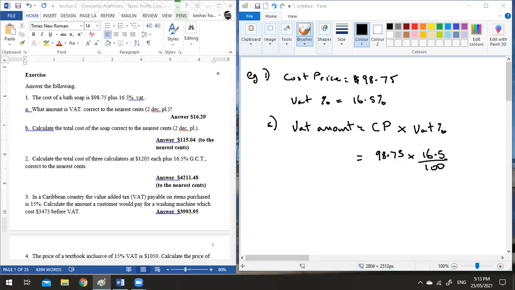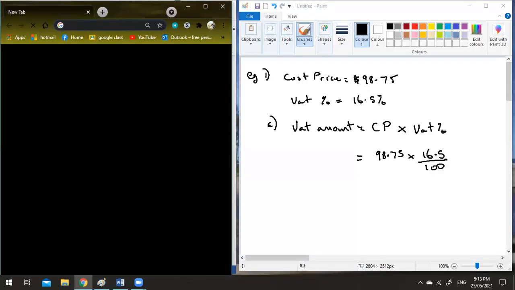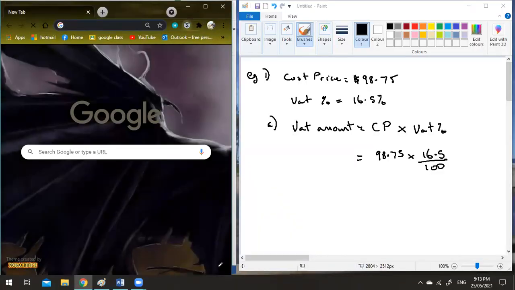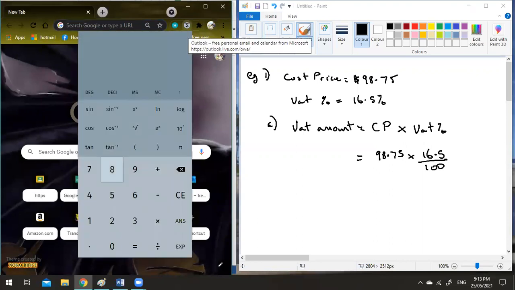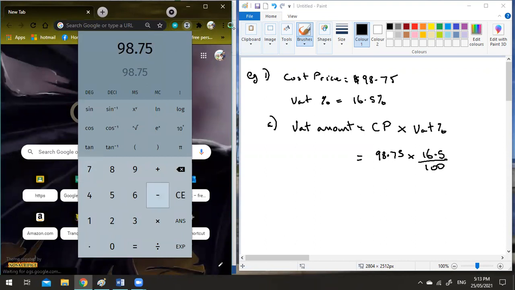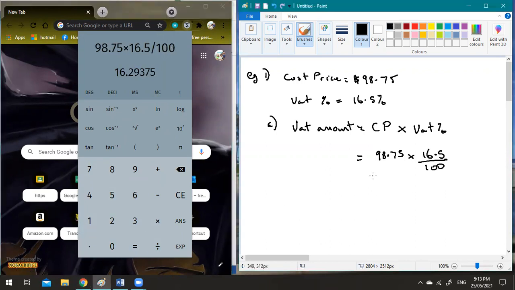So you pull up your calculator. 98.75 multiplied by 16.5 divided by 100. So the VAT amount or the tax amount was $16.29. And they round to two decimal places, right?